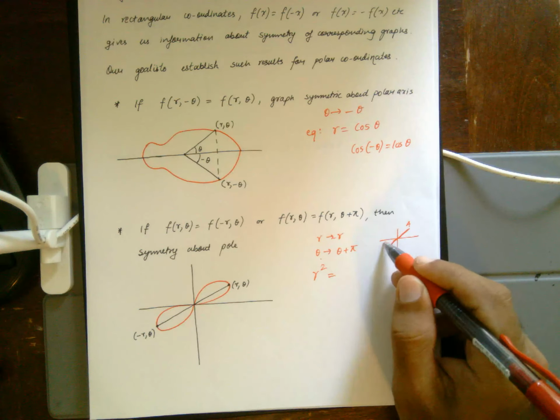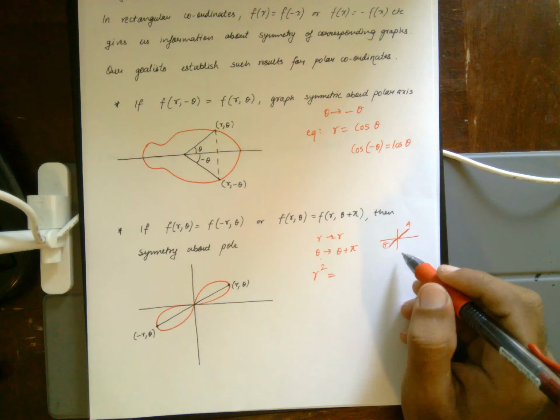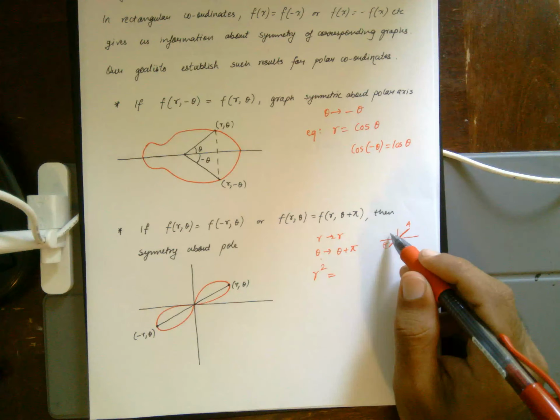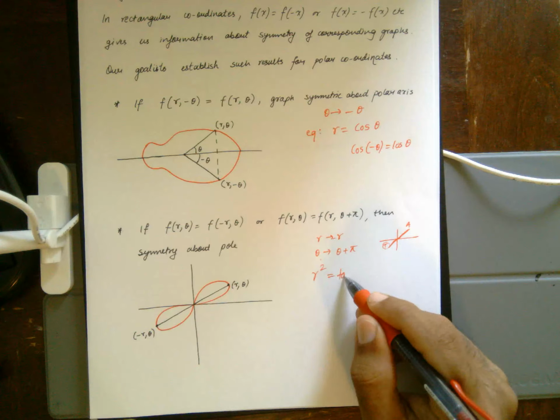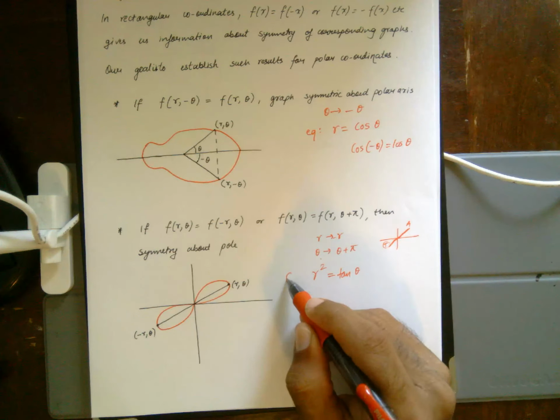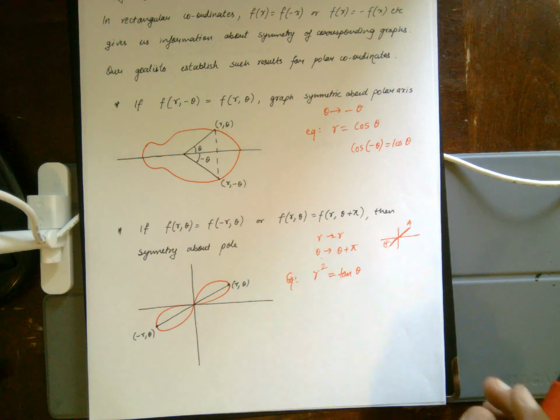That sort of happens for tangent theta. So r squared equals, maybe, a tan theta would be an example of where we have this sort of symmetry.